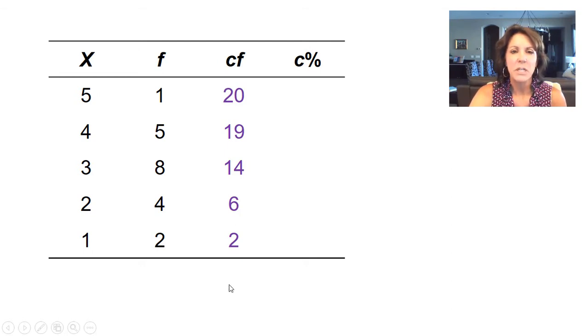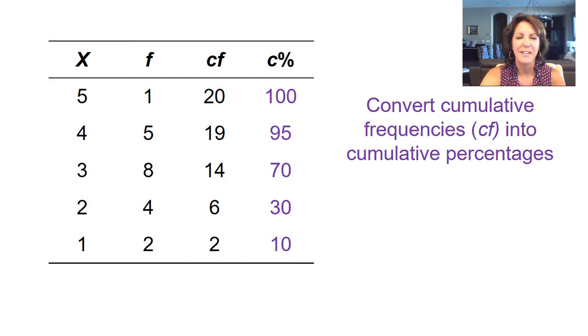This is the cumulative frequency column. And then the next thing we need to do is convert this into cumulative percents. We do that by taking the number in the cumulative frequency column and dividing it by n. So let's take a look and see what that looks like. So 2 divided by 20 is 0.10, and then we convert it into a percent, right? So 6 divided by 20 is 0.30, which makes 30%. So let's think of it this way.